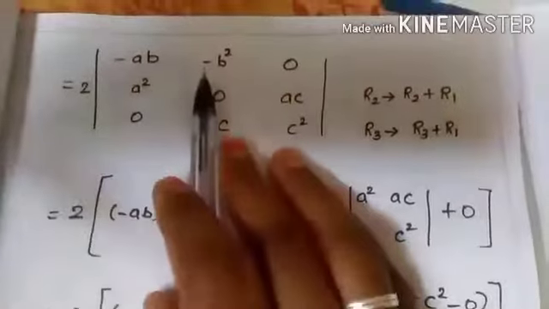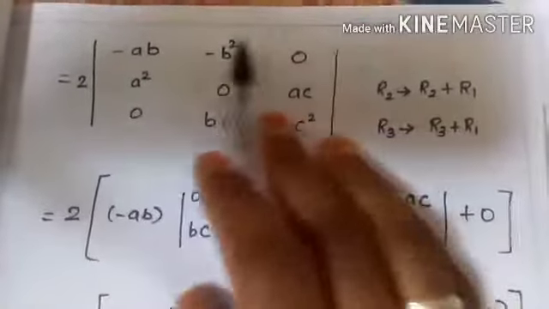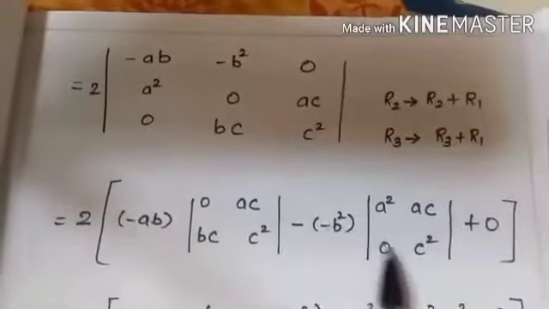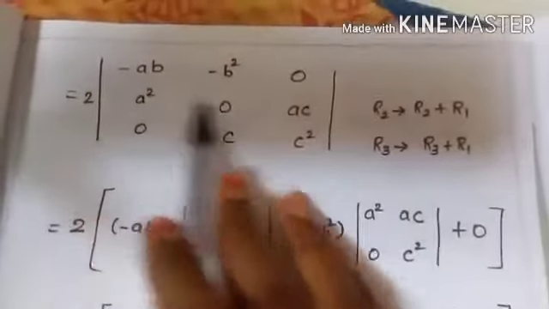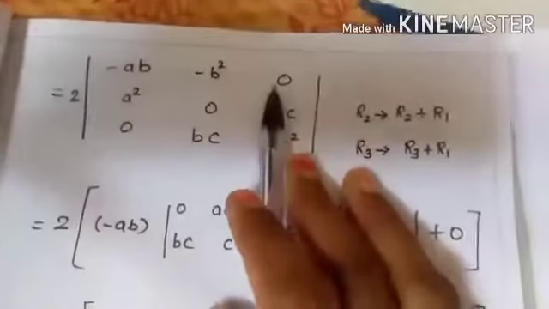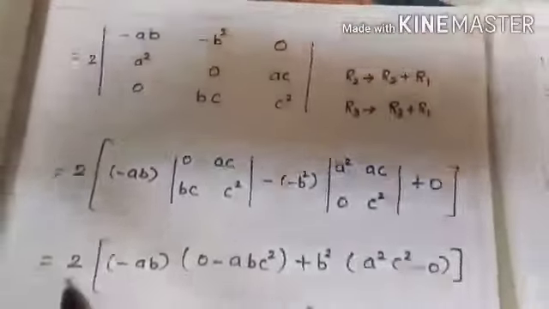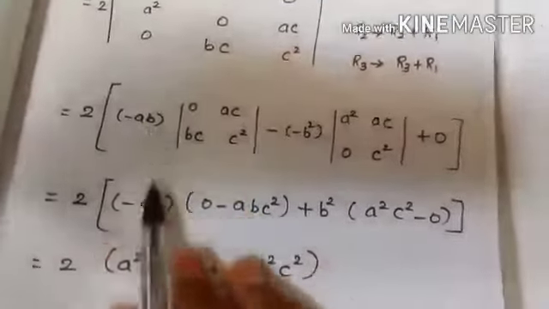Minus, next element is minus B squared. So the element is in first row, second column. Minus B squared into the determinant of A squared, AC, 0, C squared. Plus the next element is 0, 0 into anything is 0. So which is equal to 2 into minus AB.